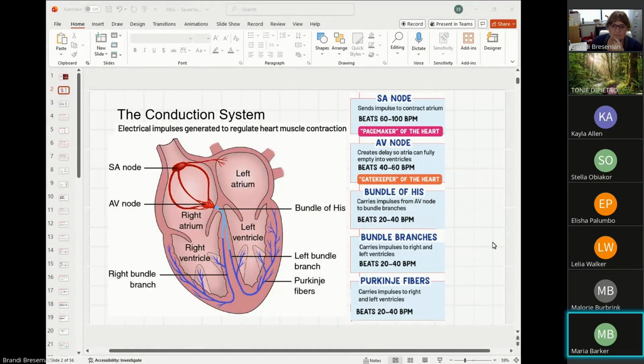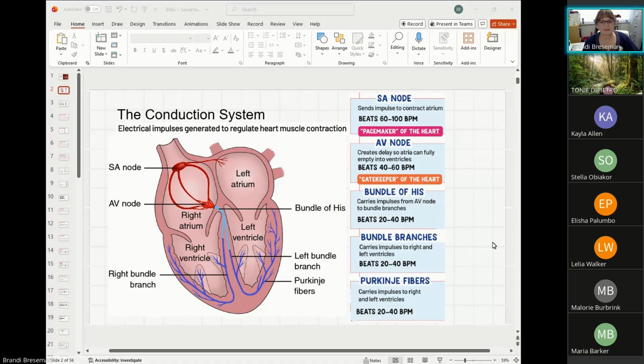Yes. Okay. So the bundle of His was what we talked about. So here's our SA node, our AV node, and then our bundle of His. We have the left bundle branch and the right bundle branch. The inherent rate of the bundle of His, the bundle branches, and the Purkinje fibers is 20 to 40 beats a minute.